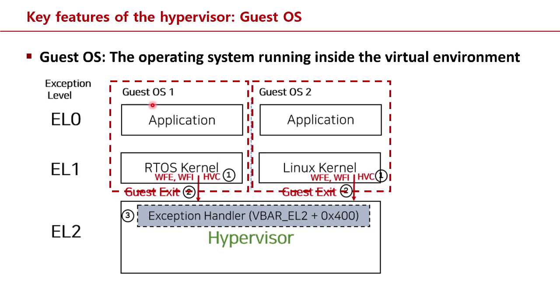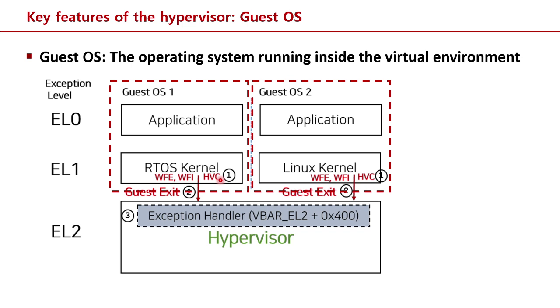In some cases, the guest OS wants to communicate with the hypervisor. If the guest OS wants to interact with the hypervisor, software can use these assembly instructions. The first assembly instruction is the HVC assembly instruction.